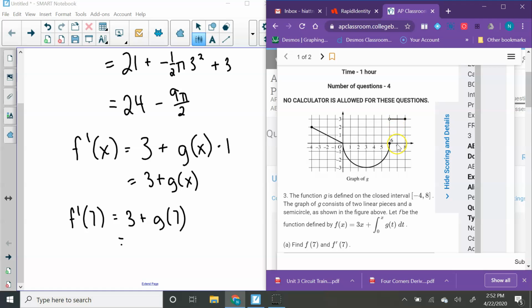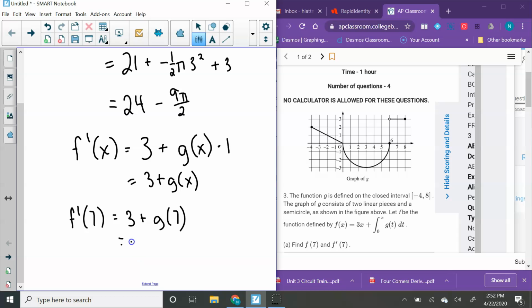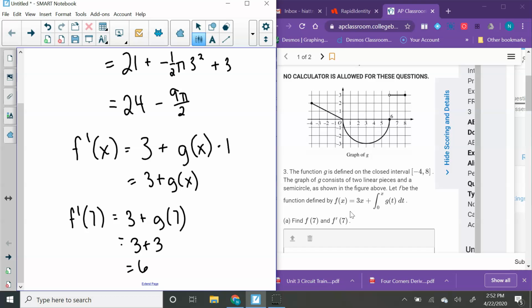That's just the y value whenever x equals 3. So we've just got 3 plus 3, and that will give us 6. So f prime of 7 is 6. That part is worth 2 points. You get 1 point for f of 7 and 1 point for f prime of 7. So you have to have the answers right on both parts of that.